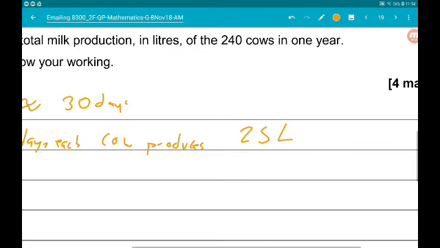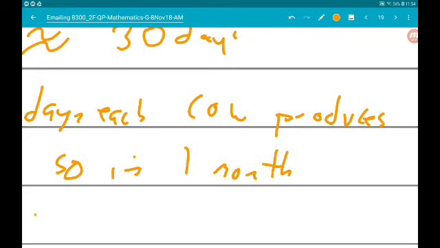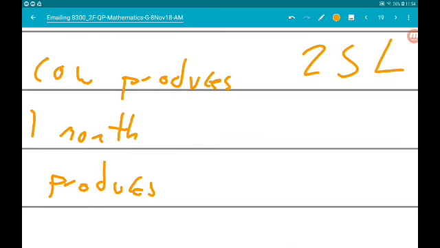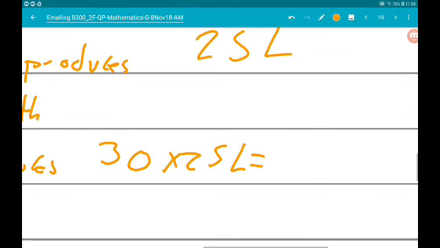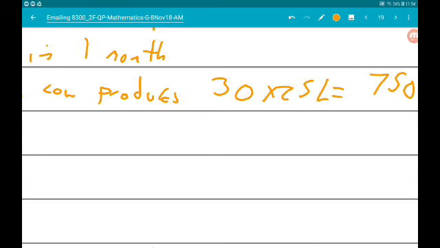So in 1 month, each cow produces 30 times 25 litres. Now that is going to give us 750 litres.